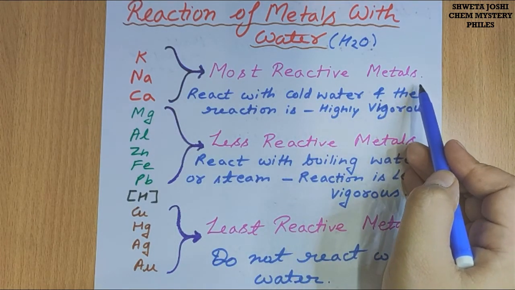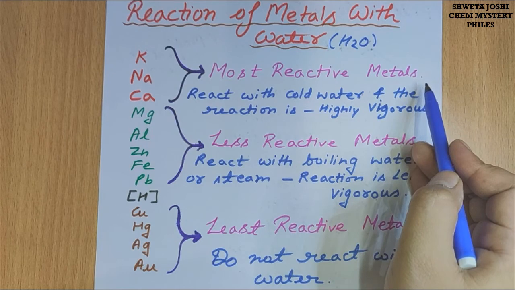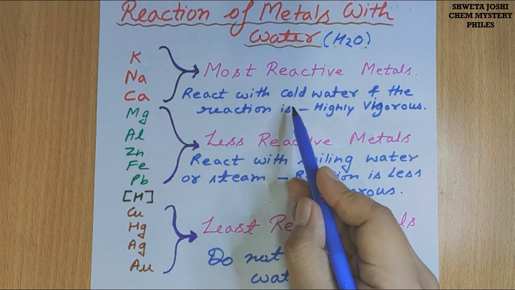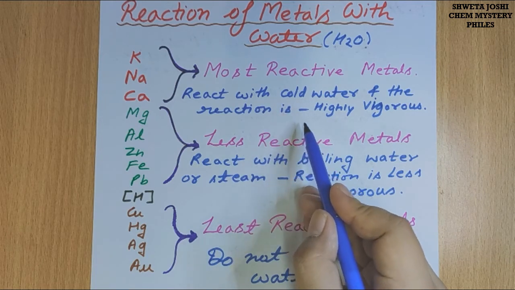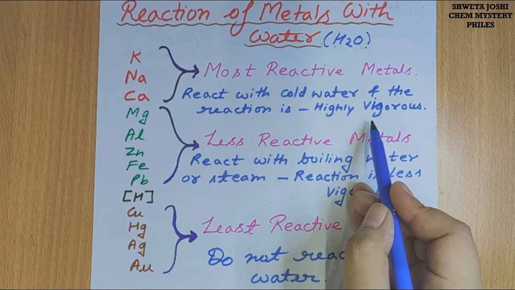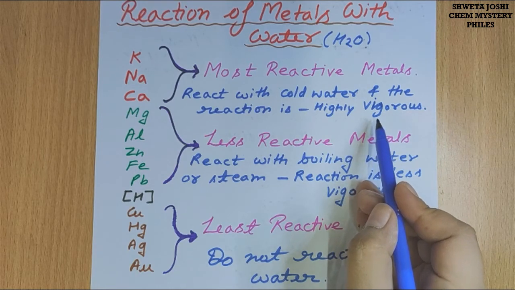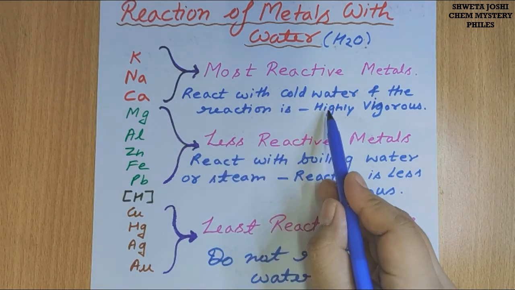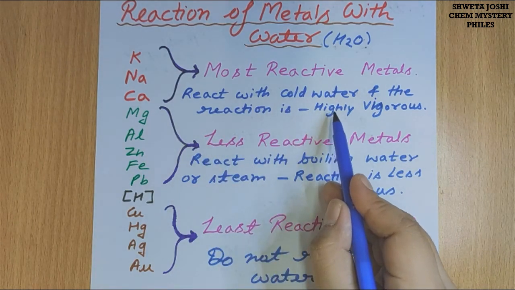That is why they are placed at the top of the metal activity series. These metals react with even cold water and the reaction is highly vigorous in nature. That is, the reaction is highly violent in nature. Since these are the most reactive metal, that is why they react even with the cold water.